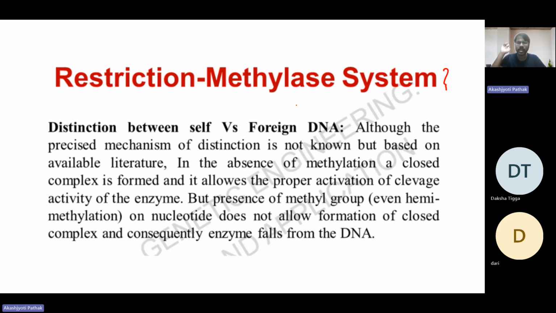But what happens if the DNA is methylated at some nucleotide residues, for example at the adenine nucleotide residues? Then this restriction enzyme can no longer form a closed complex. If the closed complex is not formed, then the catalytic activity will also not be activated, and there will be no cleavage activity of the restriction enzyme. It will not cut the DNA. Okay.